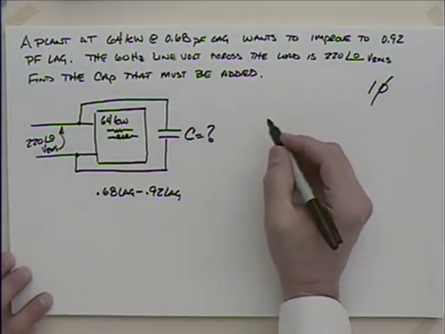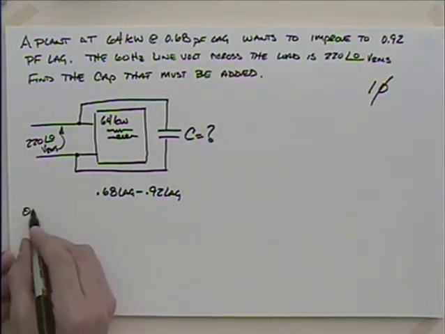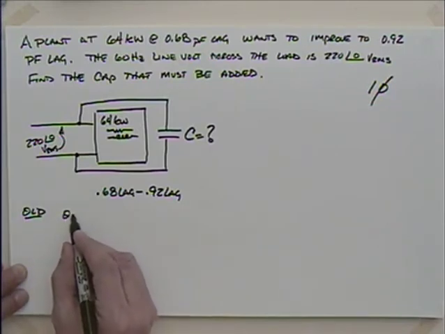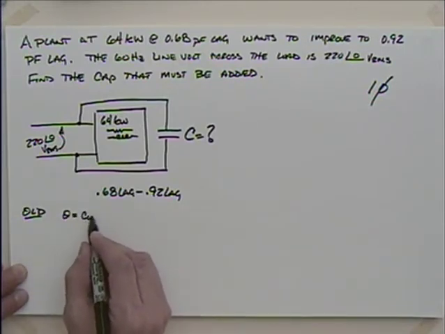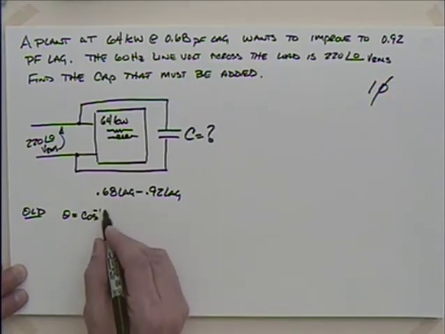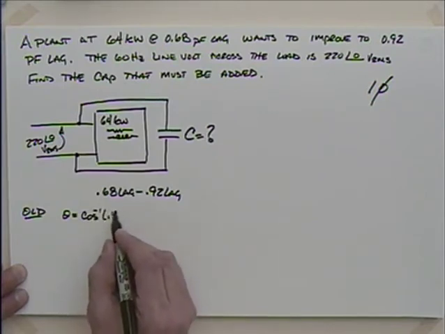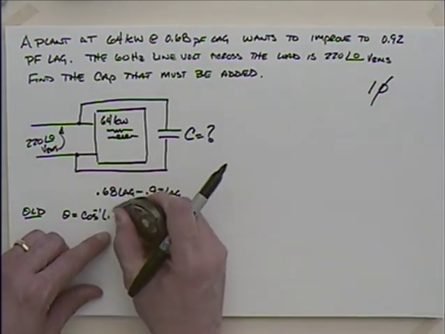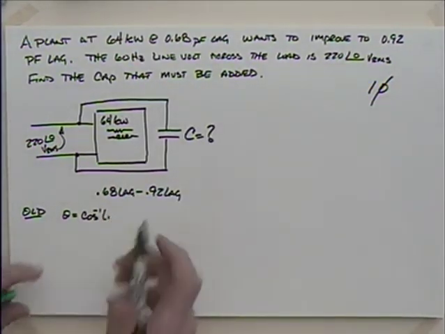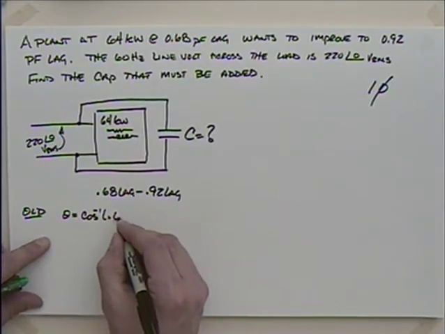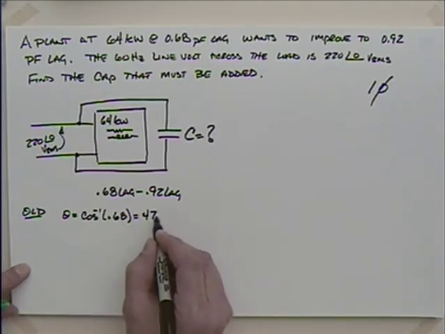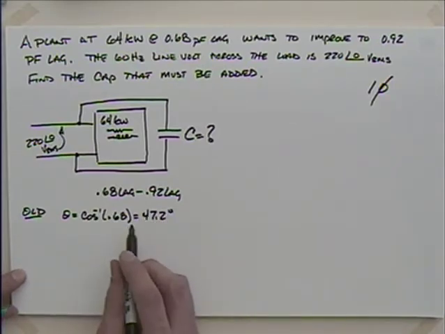So if I look at the old system, I can say that theta is equal to the arc cosine, the inverse cosine of 0.68, which gives me 47.2 degrees.